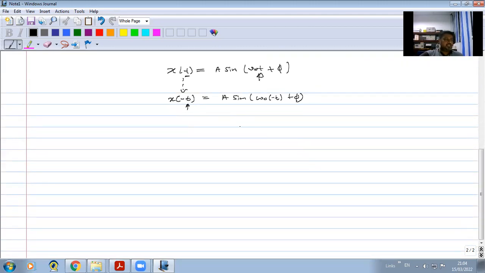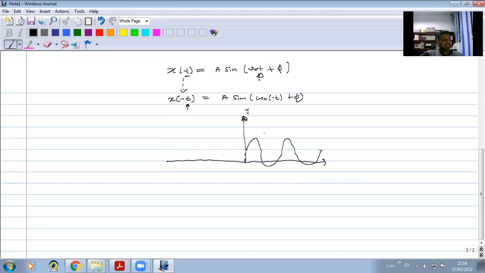You can draw the graph for time transformation. When you draw the graph after doing this time reversal, you will get the image of the signal through the y-axis. For example, if you draw a sine signal, say starting from here, this is x(t).